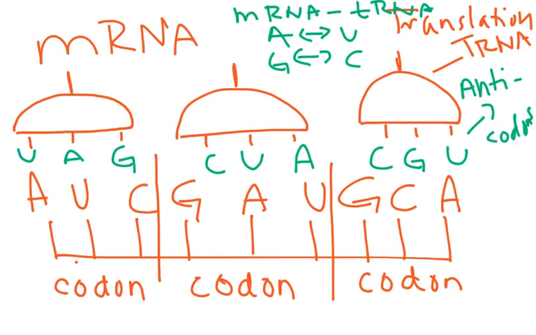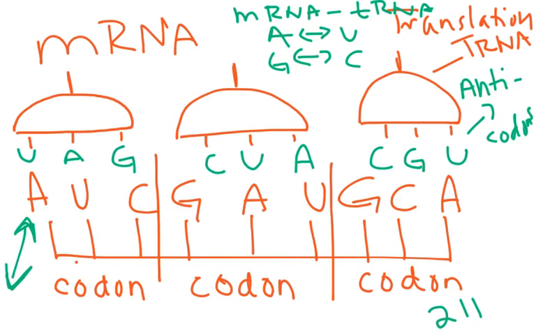So now, once we have our anticodons and our tRNA, we have to find the amino acids that go with this information. How you do that is you're going to use an amino acid chart or a codon chart. We have one on page 211 in our textbook, and I'm also going to give you a chart later on, so you can use that as well.